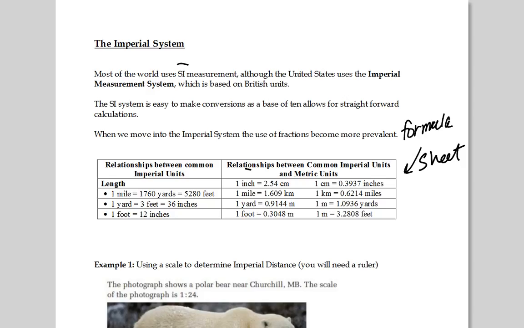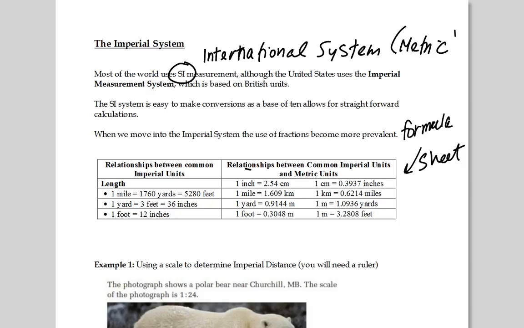It's French, but we'll just say it's the international system. If you see that on a test, what they're talking about is metric. Okay, so if you see SI, that is metric. And the SI system says base 10, straightforward calculations. However, this imperial system, based on the use of fractions, is also very prevalent.